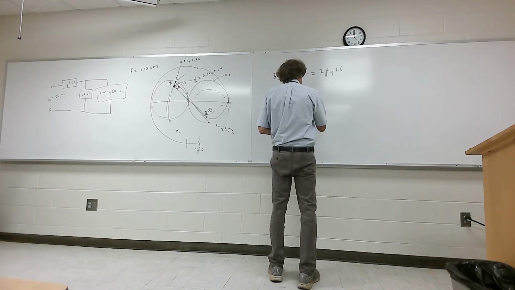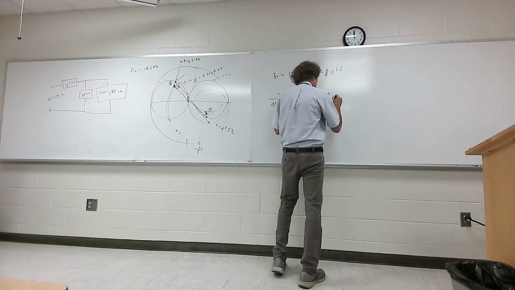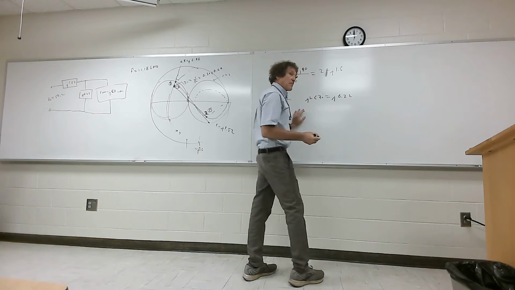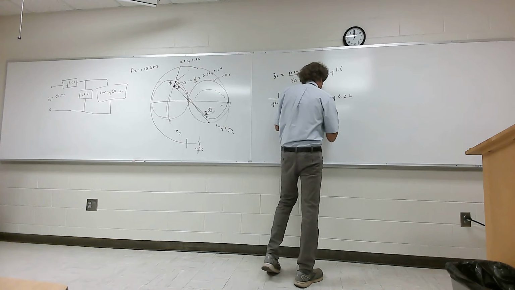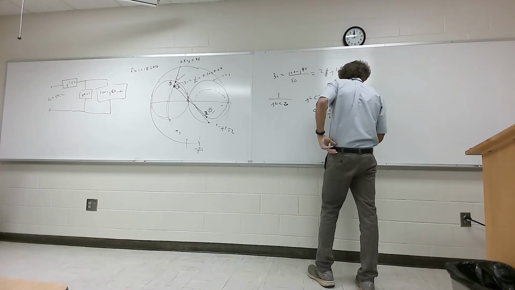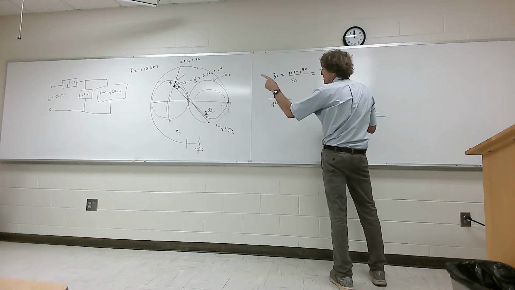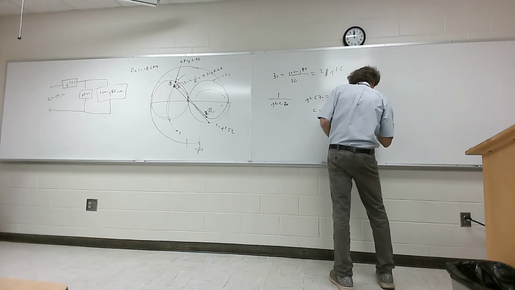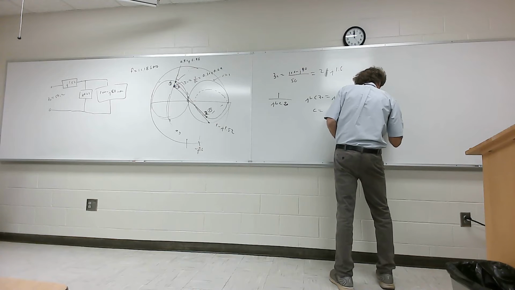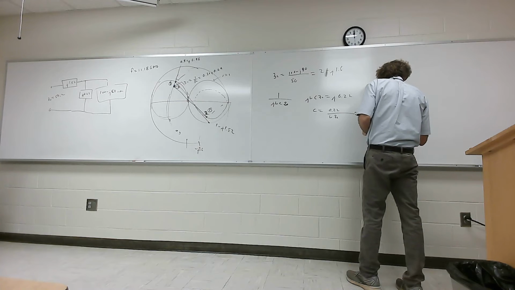So this is going to be J omega C Z naught is equal to this value, J 0.22. And therefore, I can say that C is equal to 0.22 over omega Z naught, so it's going to be 0.22 over 2 pi times F, which is 11.18 gigahertz, times 10 to the 9, times Z naught, and Z naught is 50, right?